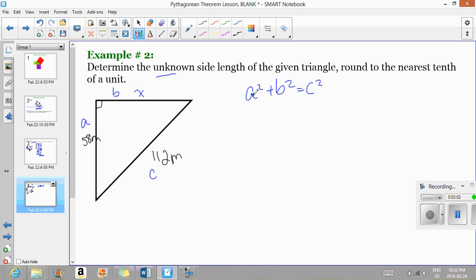So if we figure out what A squared is, well, that's 58 squared, plus B squared, we don't know what it is, so we called it X squared, and then C squared, which is 112 squared. And if we simplify, because again, we're trying to isolate for the X, 58 squared is 3364 plus x squared equals, and then 112 squared is 12544.